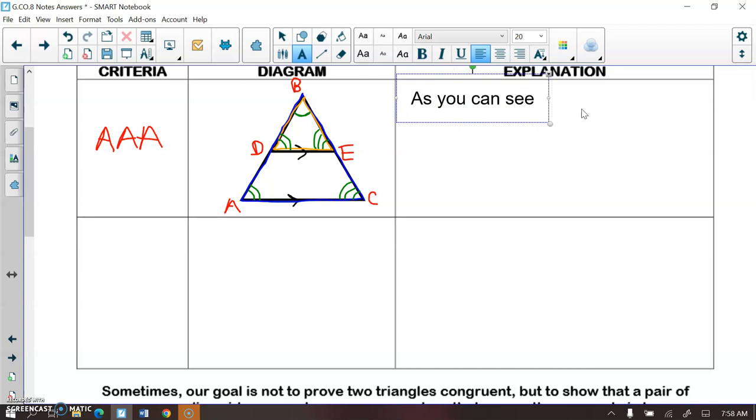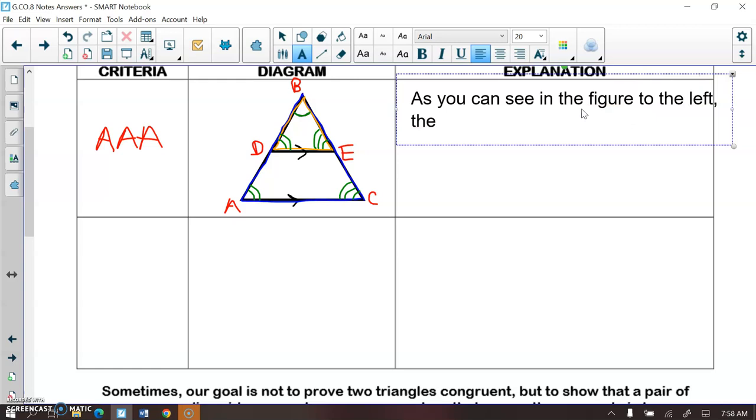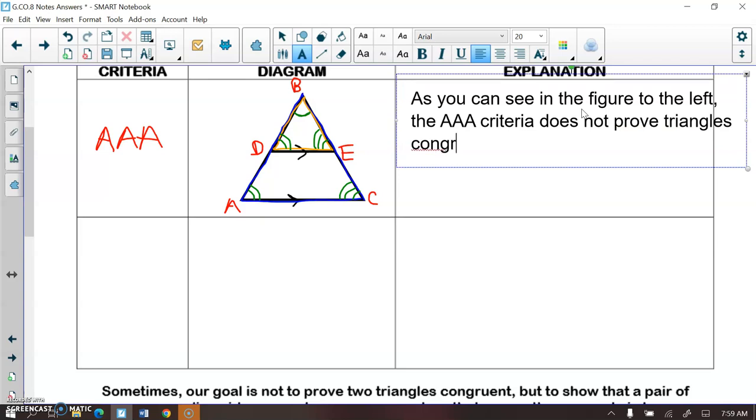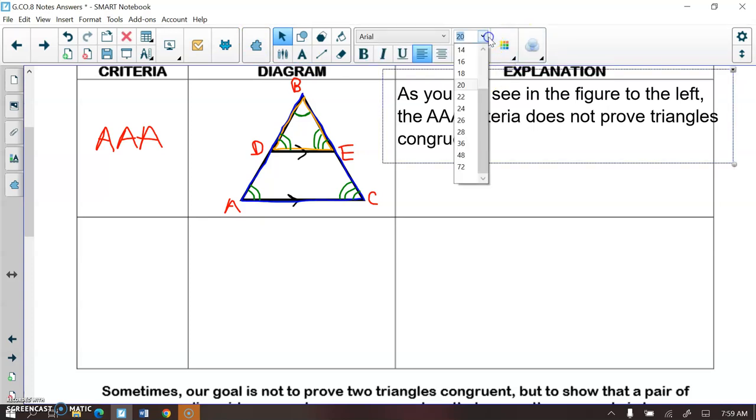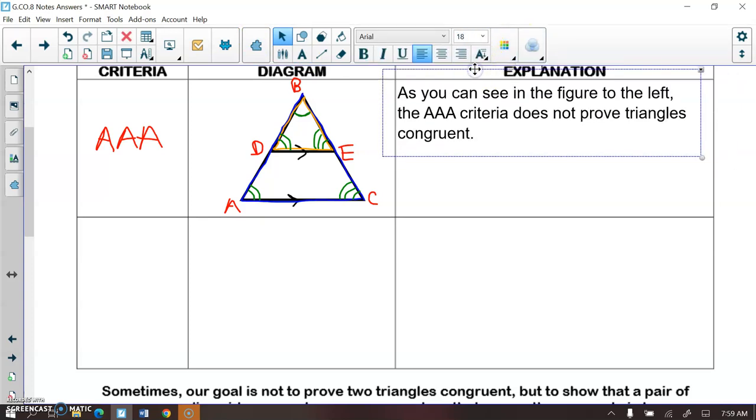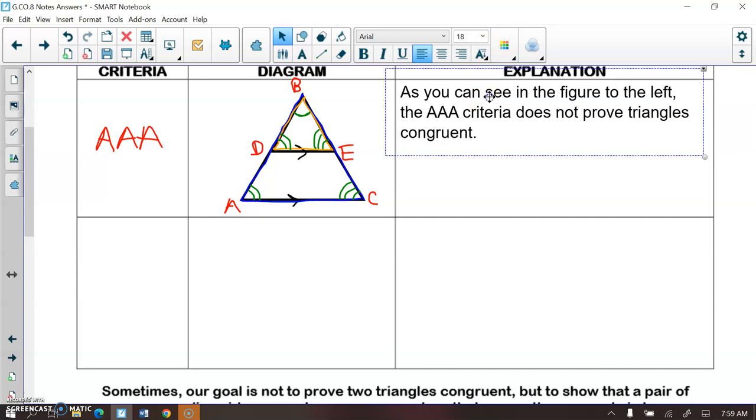As you can see in the figure to the left, the AAA criteria does not prove triangles congruent. Instead, what the AAA criteria does is it proves triangles similar.